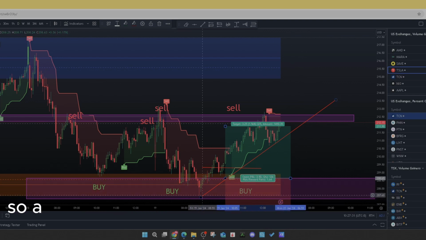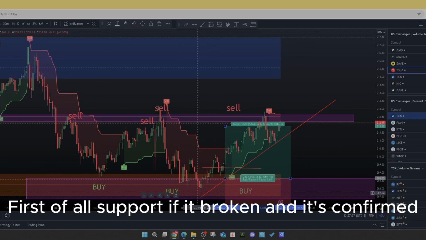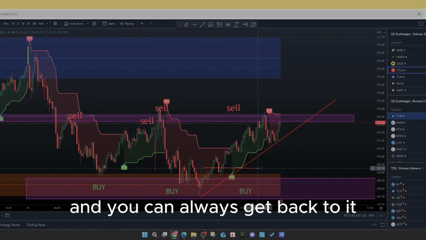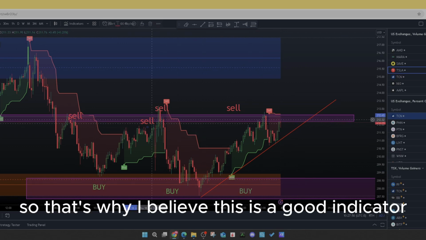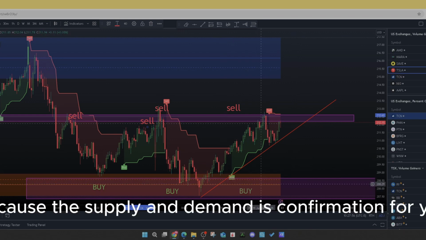So, and your stop of course would be the area of, first of all, support if it's broken and it's confirmed, and you can always get back to it. So that's why I believe this is a good indicator, as long as you use it with supply and demand, because the supply and demand is confirmation for you.